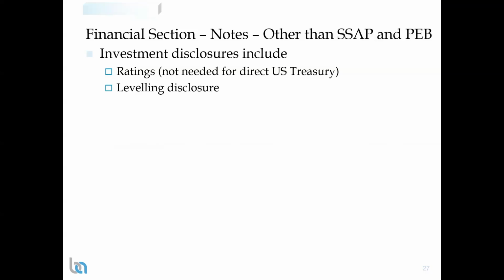The leveling disclosure is missing. For your leveling disclosure, you also need to describe the valuation technique being used. If you use a pricing service, or your custodian is using a pricing service, they probably have details in their offices about how they're coming up with those fair values, especially for items that don't have a market.